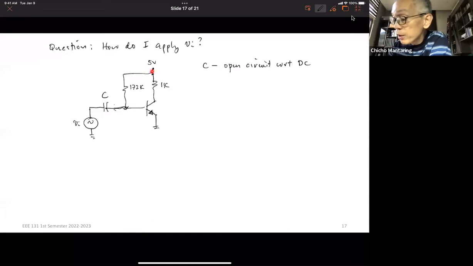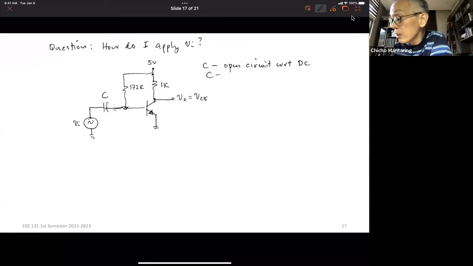So my DC current from here will flow through the 172, and none will go here because this will act as an open circuit. All of my DC current flowing through my bias resistor will just flow to my base, and will be used to establish VCEQ, where vo is equal to VCE.